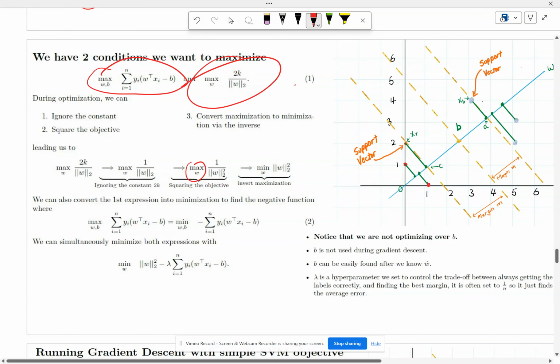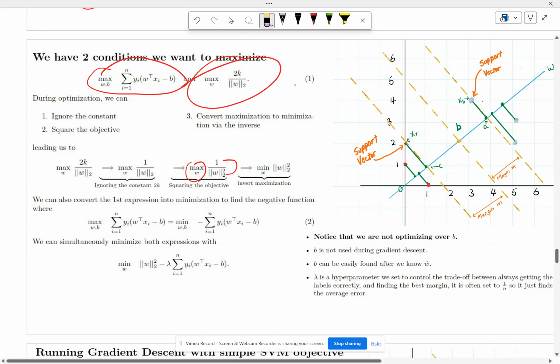Lastly, we can convert maximum into minimum by flipping it. This is a much easier way of writing the same thing, where we're just trying to minimize this objective. That was the second objective. Now let's look at the first expression. Maximization, we can convert into minimization by just putting a negative here.